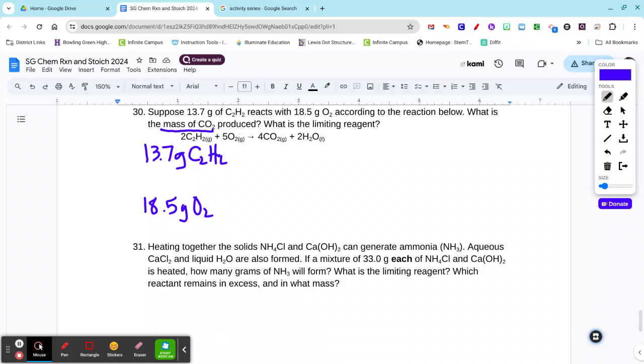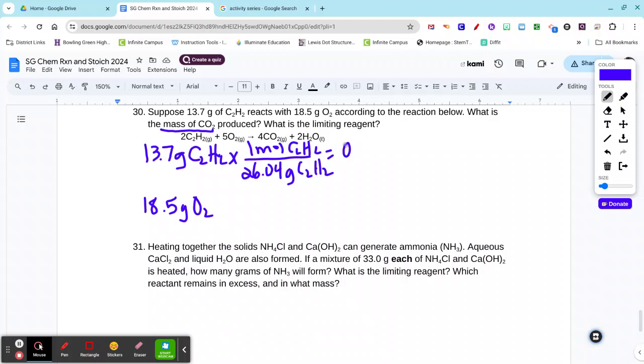Okay, so first step, divide by your molar mass. So I'm going to show it differently this time than I did in the last problem. You can do it either way. 26.04 grams of C2H2 for 1 mole.